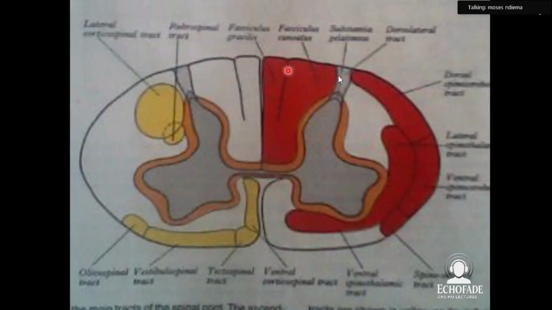Now, each of these spinal cord segments will have a spinal nerve with a dorsal root entering into the dorsal part of the spinal cord, and a ventral root, which is motor. So the dorsal is the alar, going to what was the alar plate in the case of our neural tube, and the motor originates from the basal part of the neural tube. So this dorsal root and the ventral root join together to form a spinal nerve.